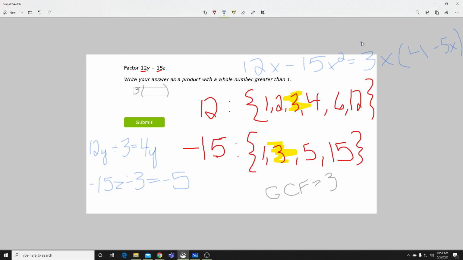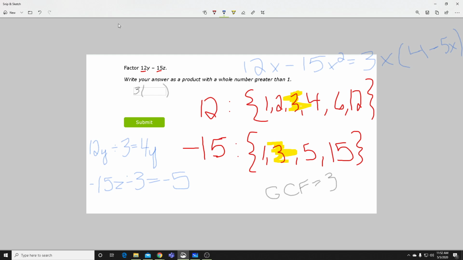You'd see if you took 3x times 4, you'd get 12x. And if you did 3x times negative 5x, you get negative 15x squared. We'd have x times another x to get the x squared. Again, this is something I hope you won't need to worry about, but maybe keep it in the back of your minds.